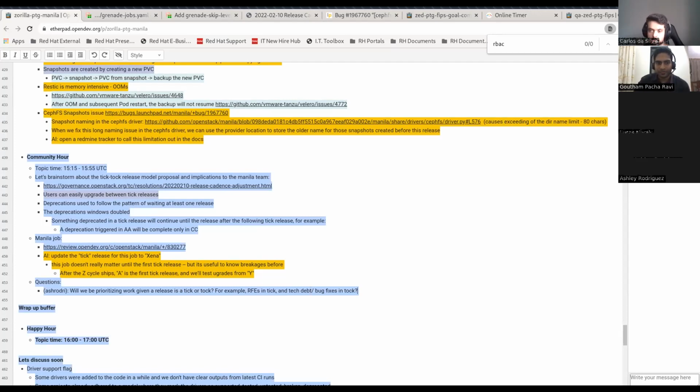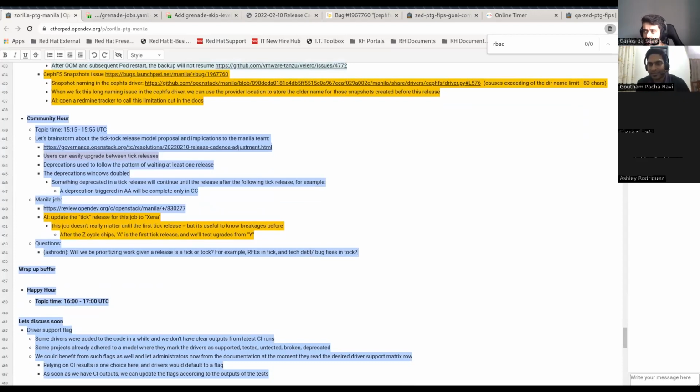Also, I saw a question from Ashley on the chat. So we will be prioritizing work given if a release is a tick or a talk. For example, RFEs in tick or tech that are in bug fixes in a talk. Yeah, I think that's really up to the teams, because this has happened before.